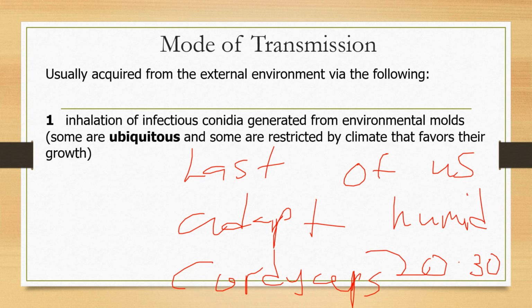So hindi natin siya i-discuss class kasi hindi naman siya relatively important to humans. But if ever there's a possibility in the future, hopefully wag naman, and it would affect humans, the same pathogenicity or the same mode of infection niya wherein it would control the brain of its target, that would be a big problem for humans. Kasi fungi class, imagine inhalation. So simply by inhaling, you could get infected.